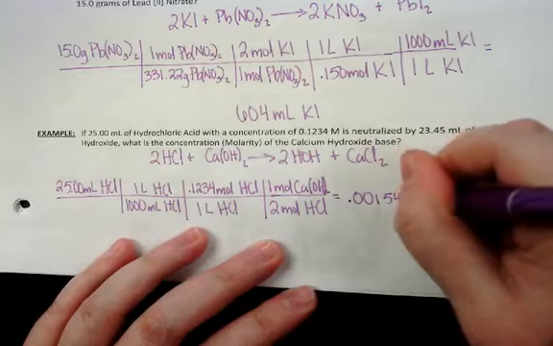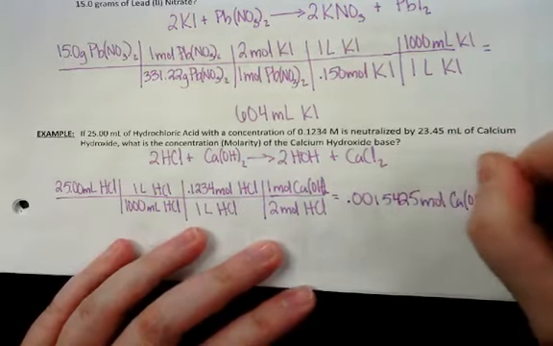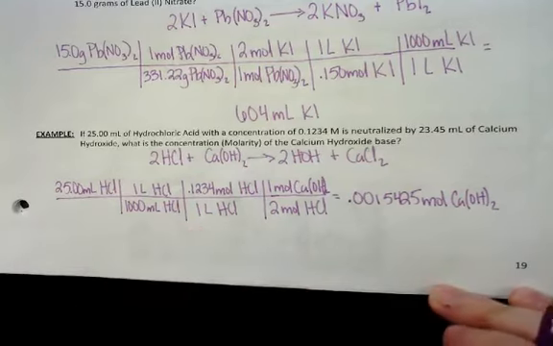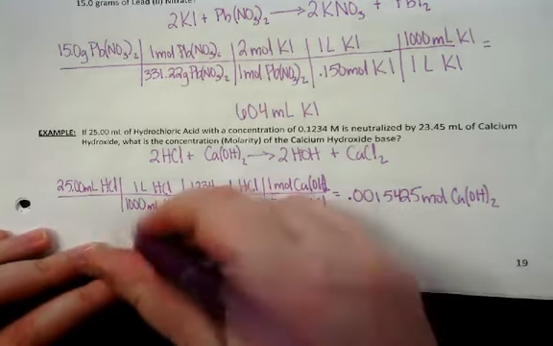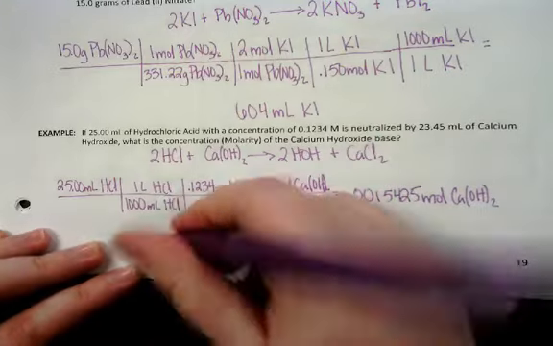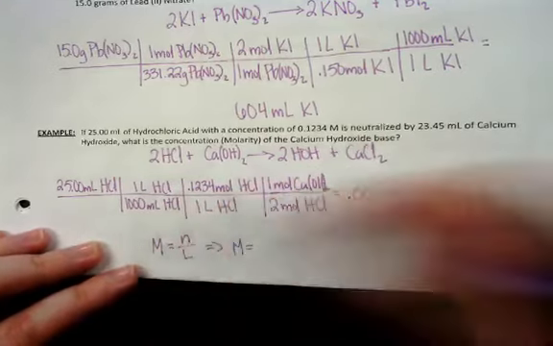So whenever we do that, we're going to get 0.0015425 moles calcium hydroxide. I didn't really round here. You can, but I'm only 1 sig fig off, but I want to try and round as little as possible. Okay? Then I can just take this moles and plug it into a molarity formula. I'm solving for M. I have the moles.